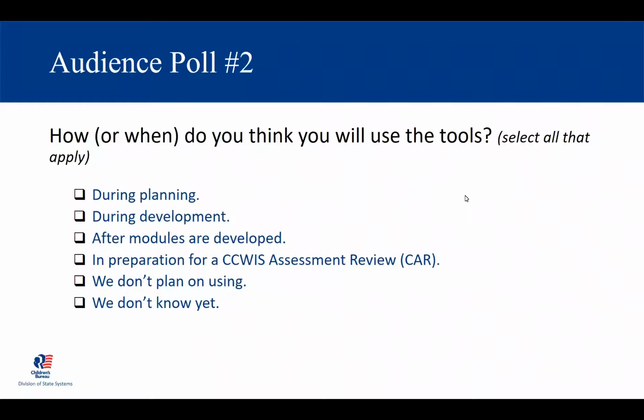All right, let's go ahead, and we will now move to our second poll question, which is this: how or when do you think you will use the tools? And here you can select all that apply. So during the planning, during development, after modules are developed, in preparation for a CCWIS assessment review, or CAR, we don't plan on using one, or we don't know yet. Okay, let's give you a few seconds to respond there.